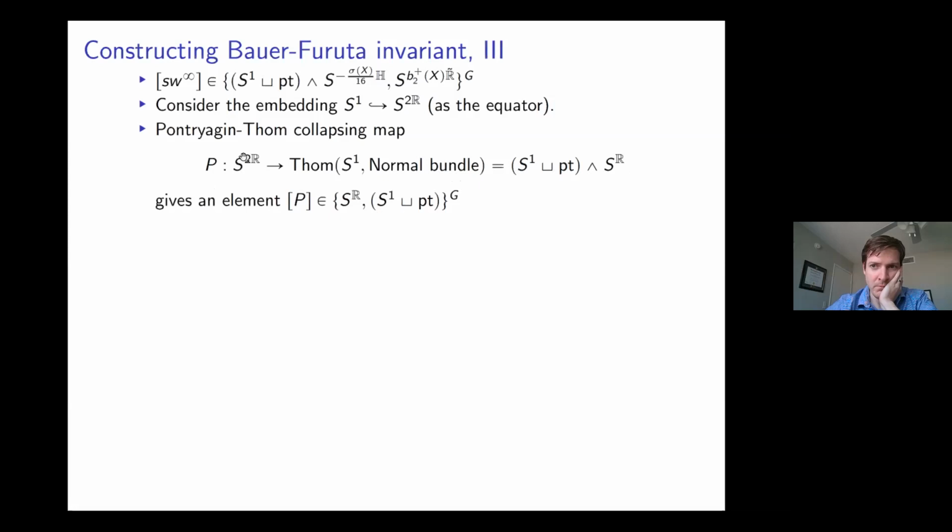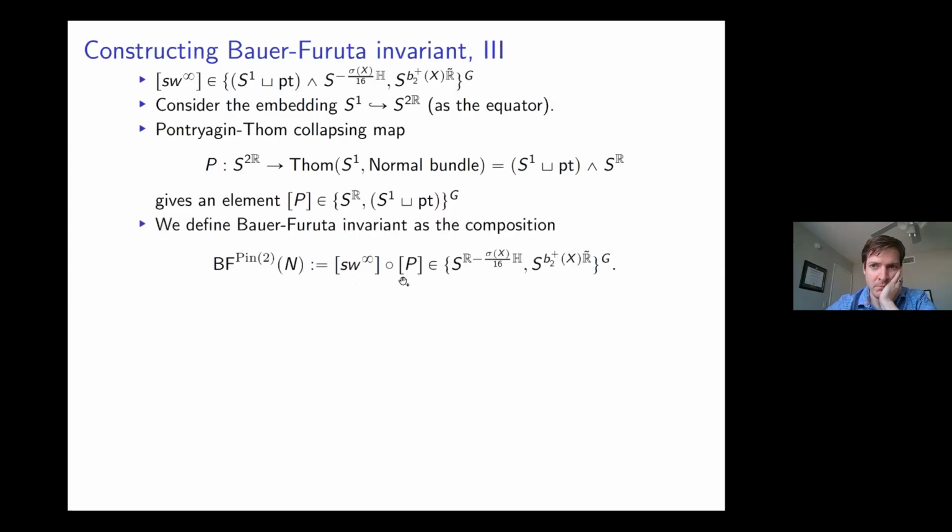And now if you compare these two, you notice that if you just ignore these representation spheres, the target of this P is the same as the domain of this map. So we can do the composition and get a map between two spheres. That's the so-called Pin(2)-equivariant Bauer-Furuta invariant.